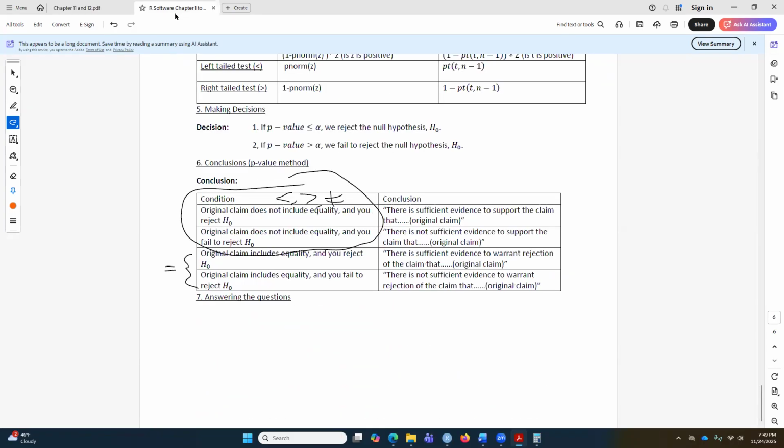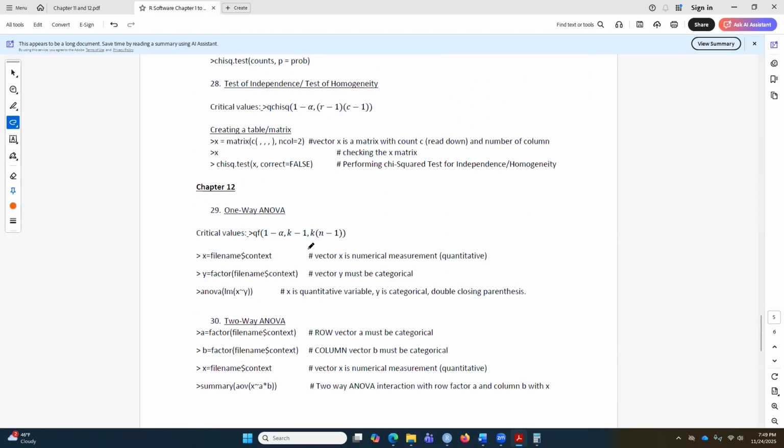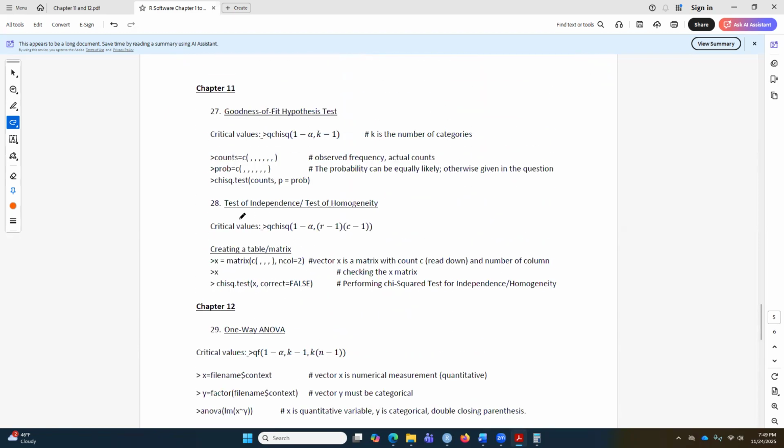You do not need to memorize that either, because it is written in your RStudio cheat sheet. Every time you do your chi-square, the last number is your degree of freedom, which is (R minus 1) times (C minus 1). And if you are asked for the degree of freedom for the first one that you did, the goodness of fit test, the degree of freedom is K minus 1.